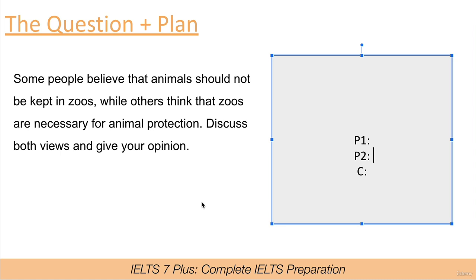You can do this with 5 paragraphs where you present both sides, and then in a third extra paragraph you put your opinion. That's the way you can do this. However, I think a 4-paragraph structure is quite nice for this one. And we're just going to interweave our opinion into the paragraph.